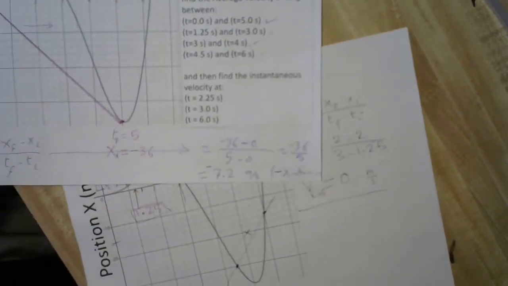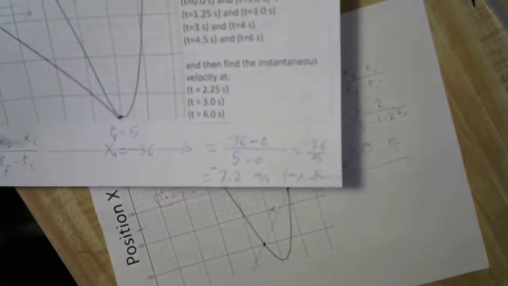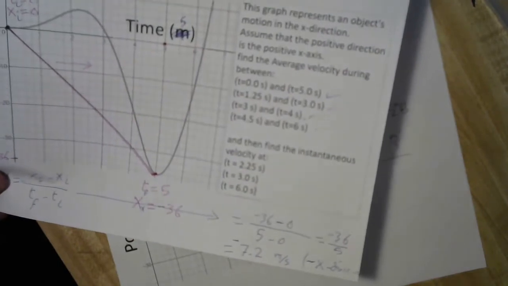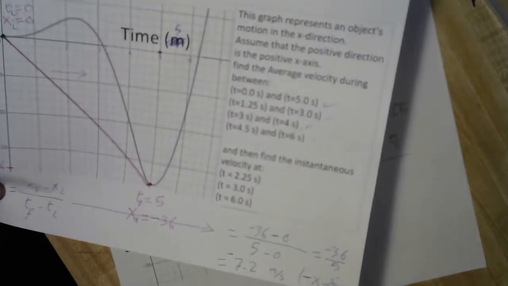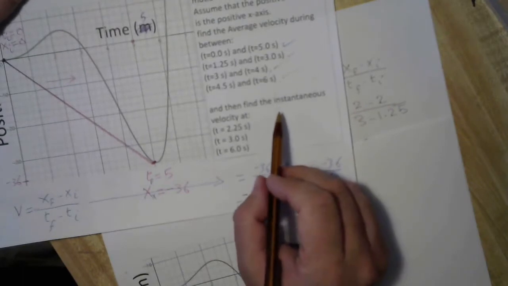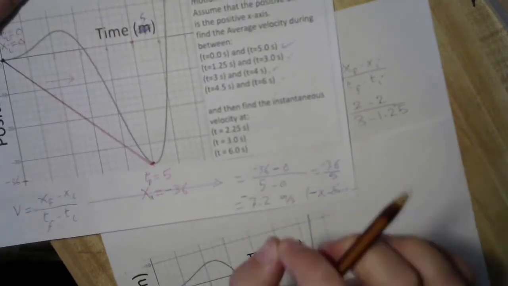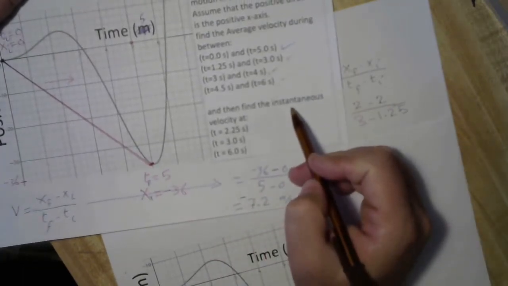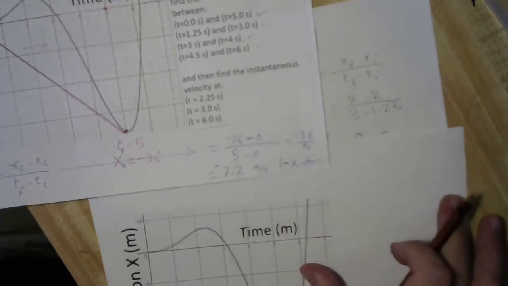Now I need to talk about another thing, which is instantaneous velocity. It is easy to understand. The instantaneous velocity is the velocity at a certain point, at a certain time. Okay, what does that mean?